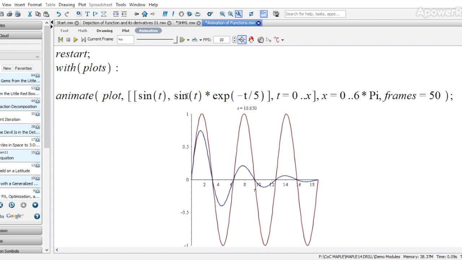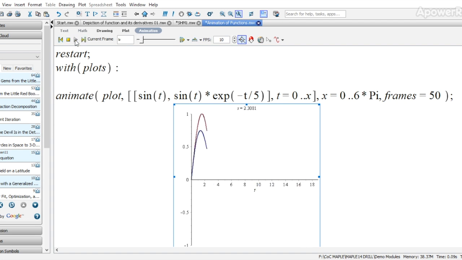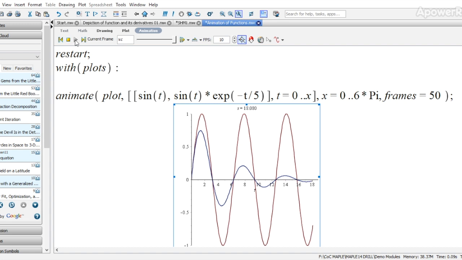So an exponentially decaying function is being taken care of, and you can see the animation. So as time rolls, the sinusoidal function of amplitude 1 goes like this, and at the same time the exponentially decaying function appears as shown.